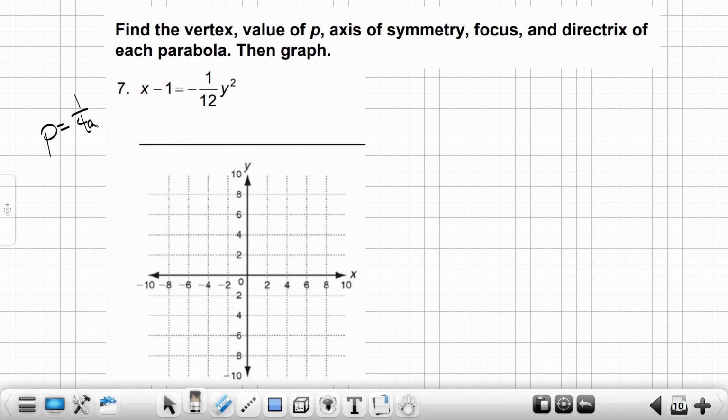I need it to look like my proper form first. What I call proper form. So, just say it. Add 1 to both sides. There you go. Okay.